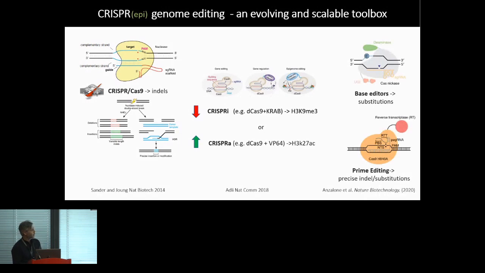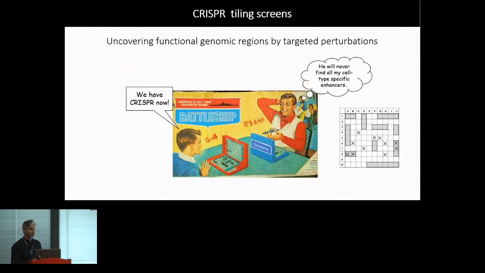More recently, we have amazing enzymes like base editors, which allow you to create specific substitutions in the order of 1 to 4 base pairs, and prime editing, which uses reverse transcriptase to rewrite short parts of the genome really precisely. So we have a really nice toolbox to play this game. We can essentially play battleship against the genome and try to find the critical spots.